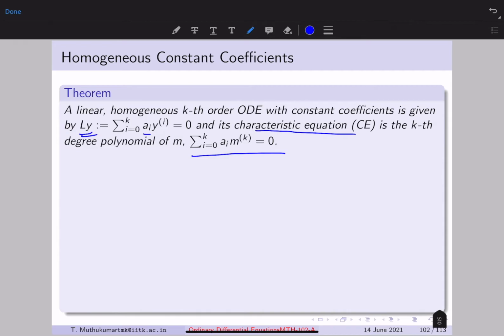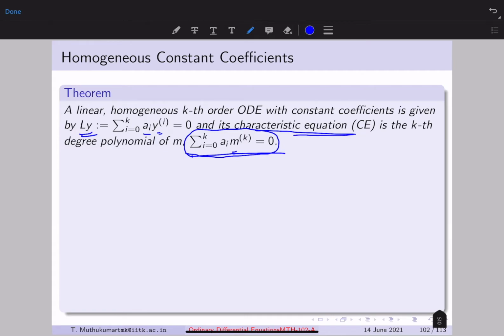What you have done is replace all the derivatives with powers of m. Here y was the unknown, but now you treat m as the unknown variable. So corresponding to a kth order linear differential equation, you have a kth degree polynomial which you call the characteristic equation.